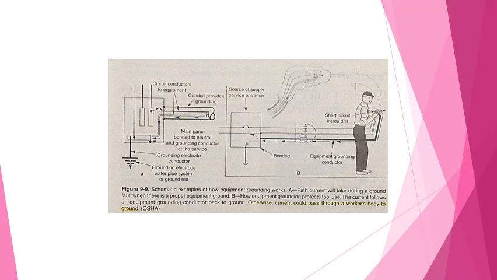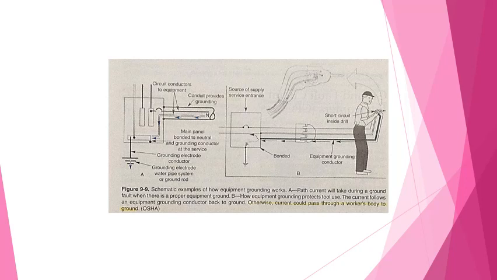The equipment ground protects the electrical equipment from damage should a live conductor make contact with the equipment housing or frame. This is known as ground fault. It occurs when conductor insulation fails or when a wire comes loose from its terminal point.